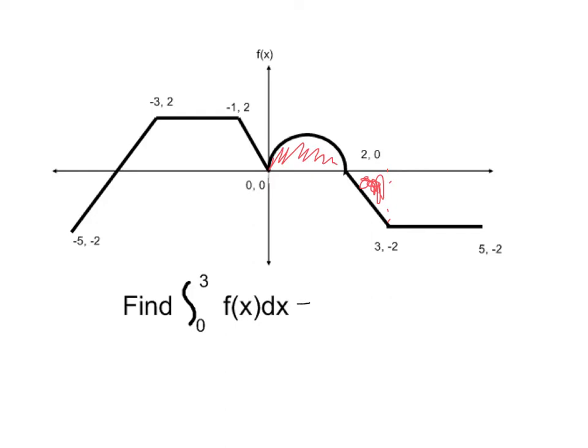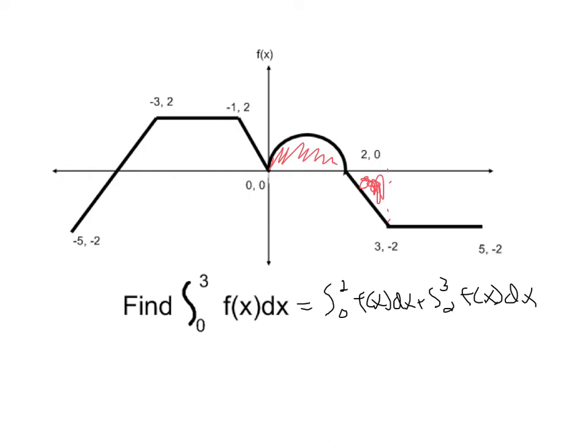So I do the reverse of that rule and say, oh, well, this is just going to be the integral from 0 to 2 of f of x dx plus the integral from 2 to 3 of f of x dx.